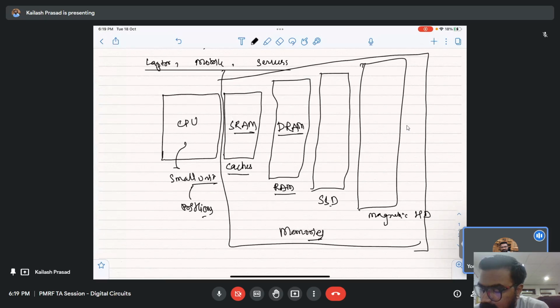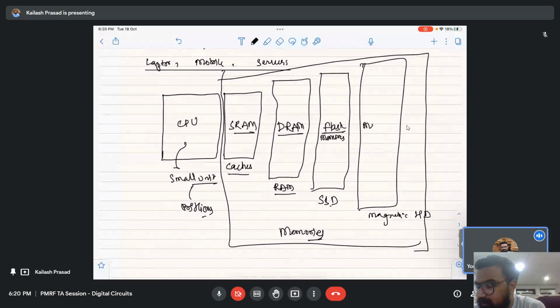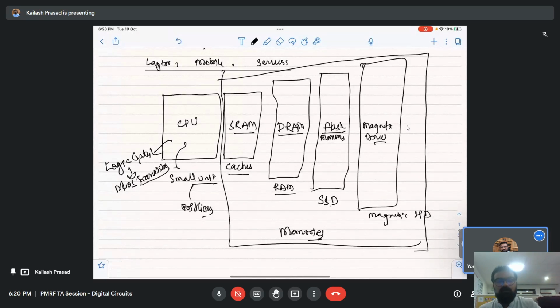Flash memories. And these are made up of magnetic drives. And the CPU is made up of logic gates, and the basic unit is the MOS transistor. You now understand where all the logic gates reside and where all the other memory resides.